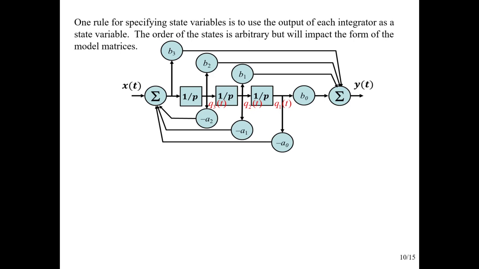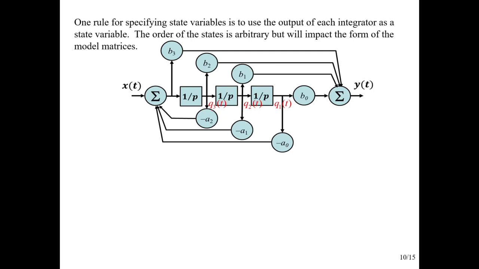So for a third order system, I've got 3 integrator boxes. So I'm labeling the outputs of those as the state variables. And I write them as functions of time. And then I can group them into a vector, Q1 at the top, Q3 at the bottom.